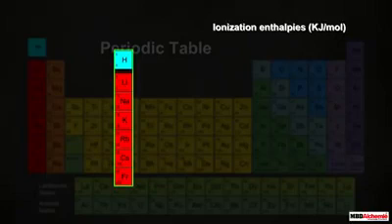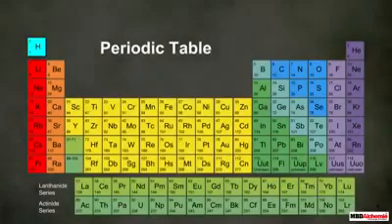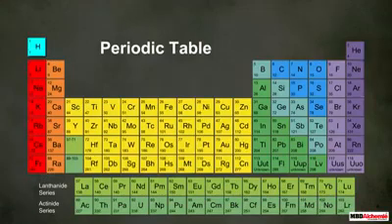The ionization enthalpy of all alkali metals lies between approximately 400 kJ per mole to 520 kJ per mole, whereas the ionization enthalpy of hydrogen is 1312 kJ per mole, which is much higher than alkali metals. Due to these dissimilarities, hydrogen is not placed with the alkali metals in group 1.